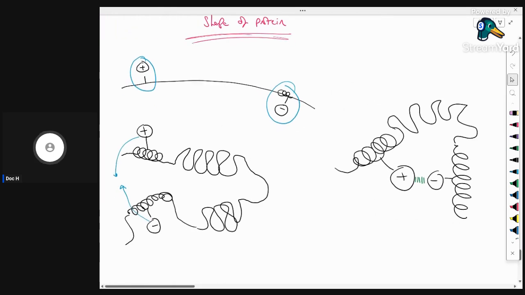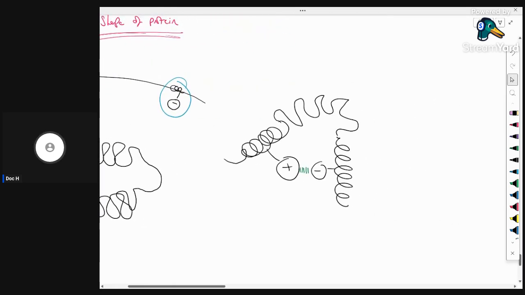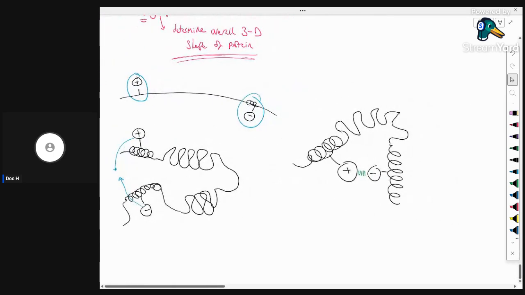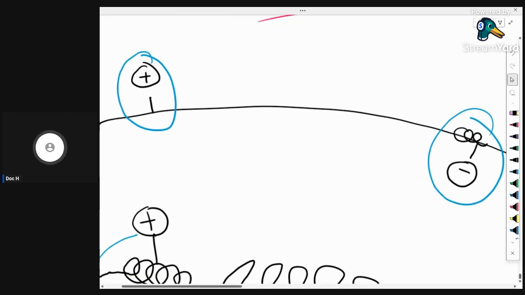The reason that your protein has now folded into this shape is to get these two groups close together. And that's just one example of how these R groups could interact. So go back, look at your R groups and see which ones, for example, this one might have an NH3 plus group. This one might have your COO minus group, for example. We gave an example of that earlier.